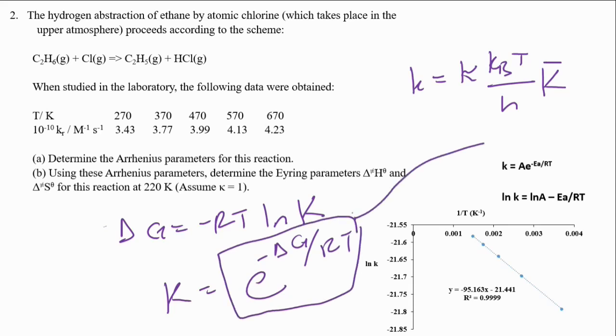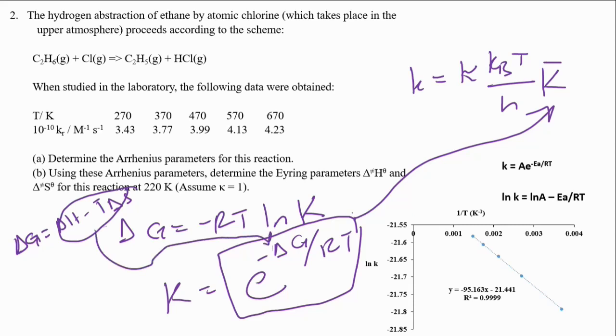Now, we have to also remember that delta G is equal to delta H minus T delta S. Don't forget that. And so we can actually take this and put it where delta G is. Okay? Yes, we can do that.